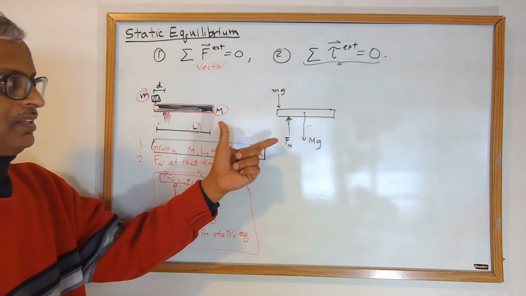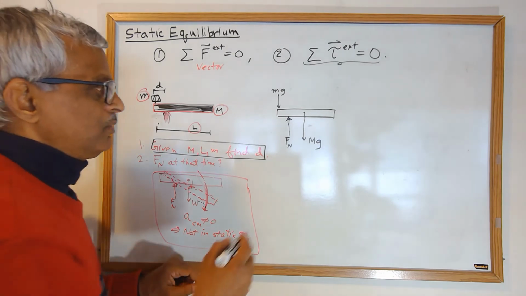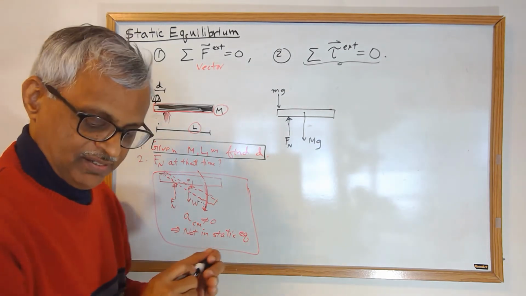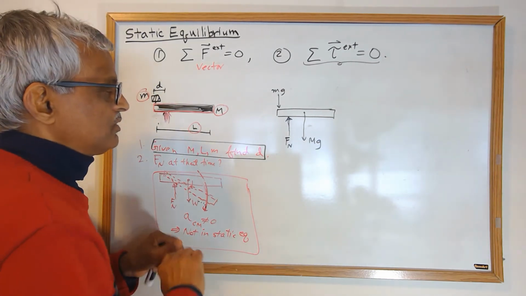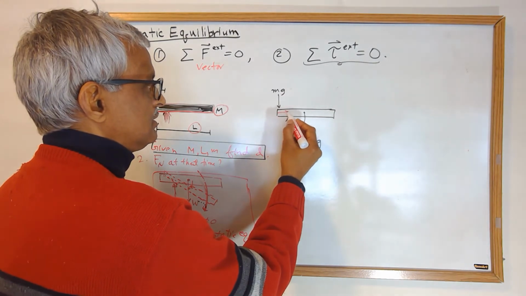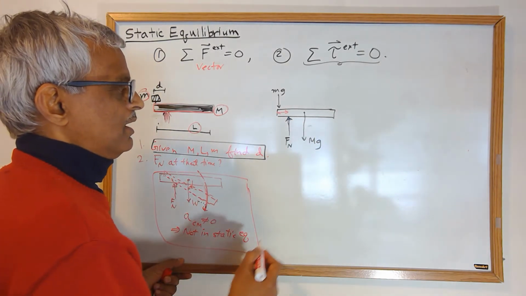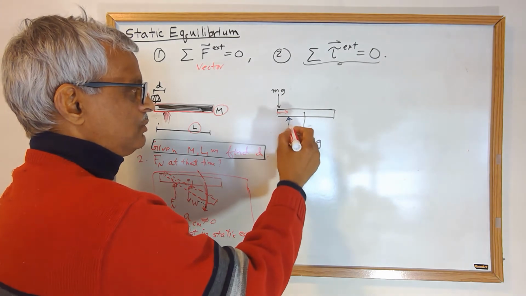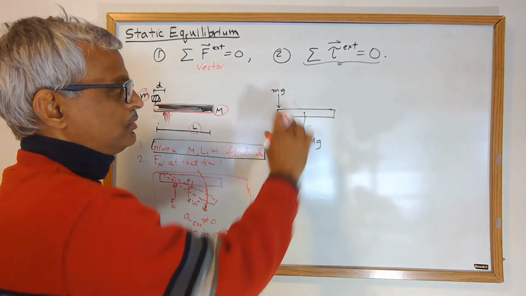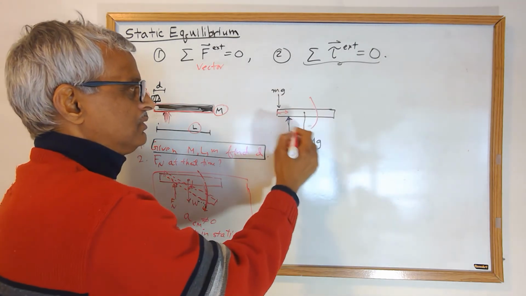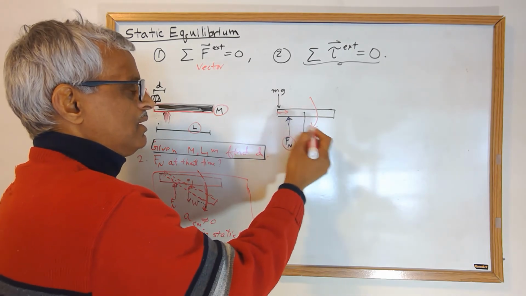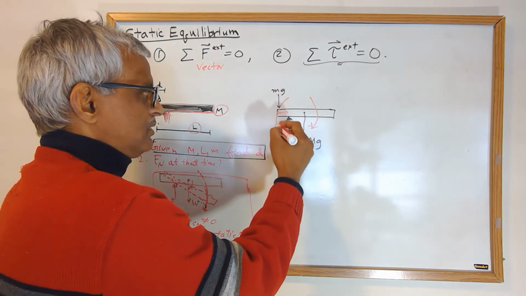So I identified these three forces, but as far as figuring out this distance is concerned, I don't need to worry about the normal force, because this force will not be tipping things. This one is trying to rotate, and this guy is trying to balance that way.